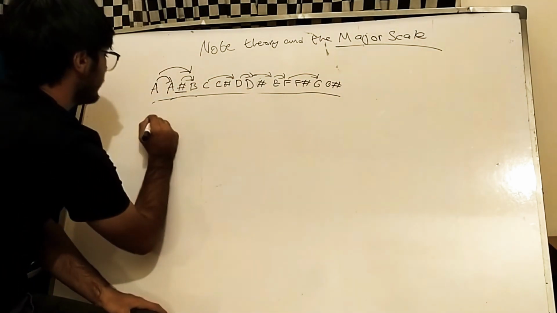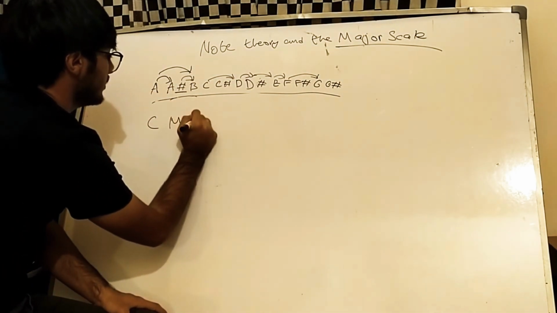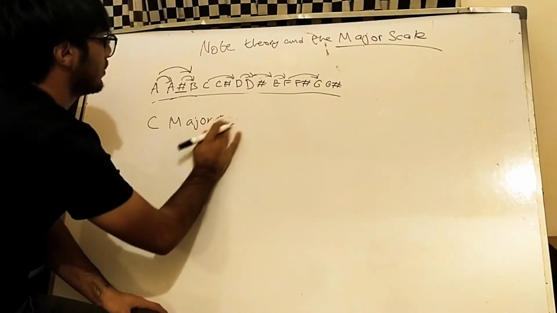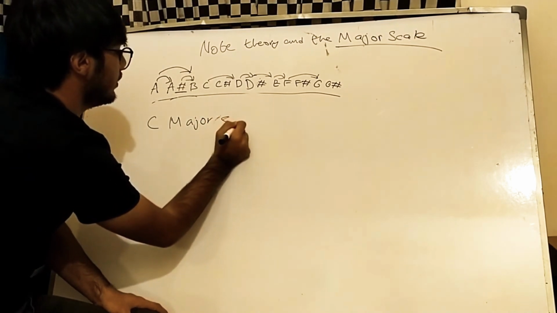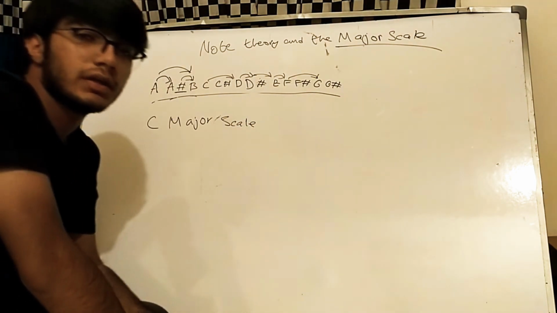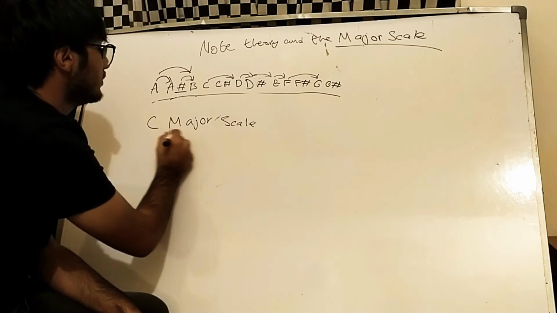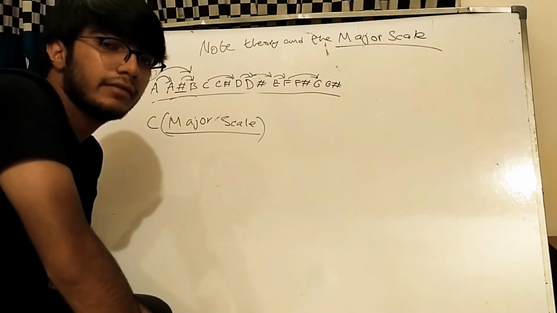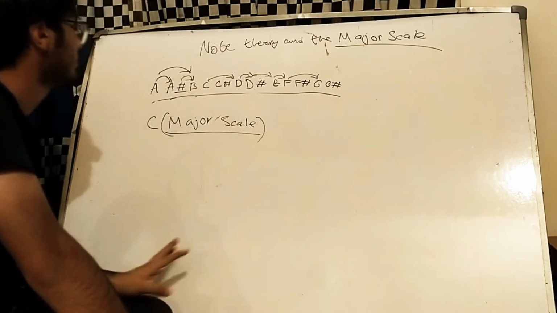So the major scale is basically our building block of music. Most common music that you hear today is derived from the major scale. So now if we take an easier major scale which doesn't have any sharps or flats, let's keep it simple.